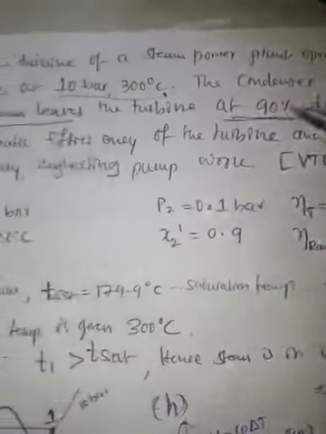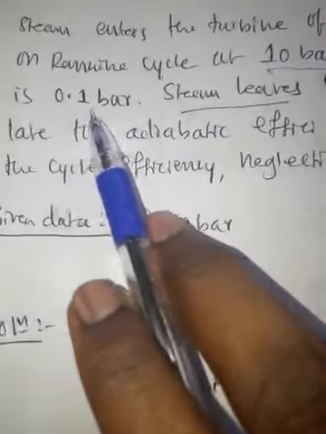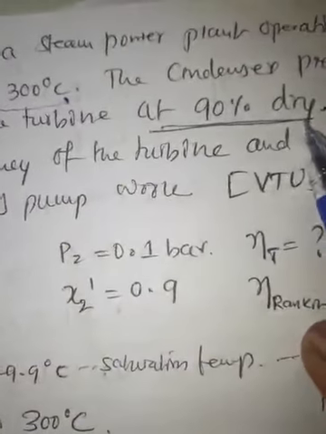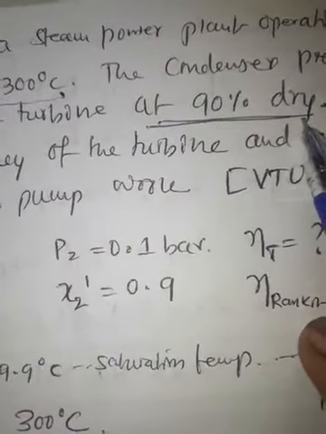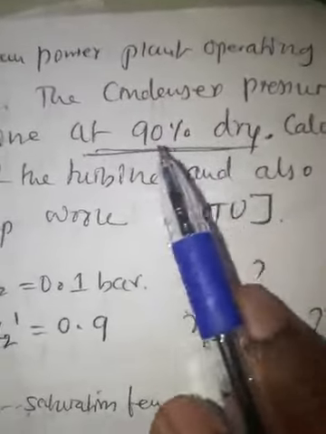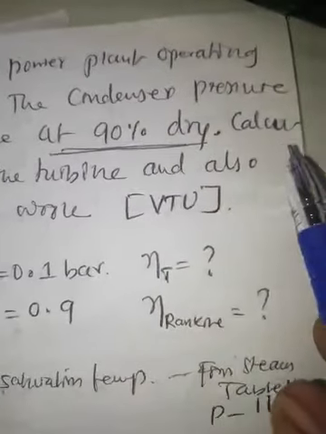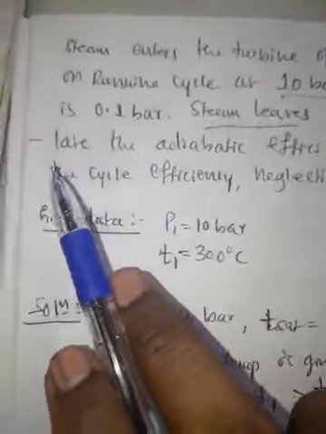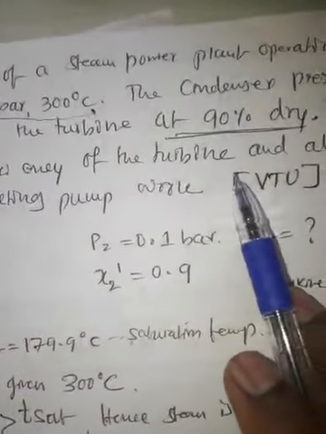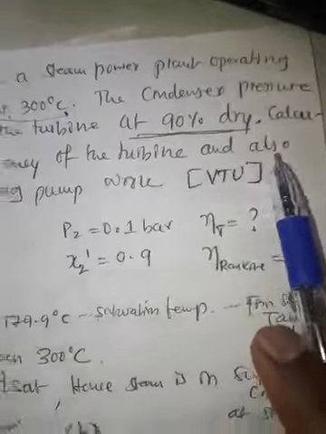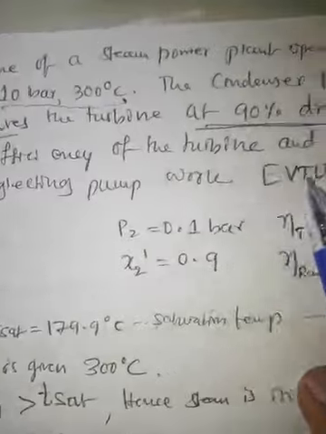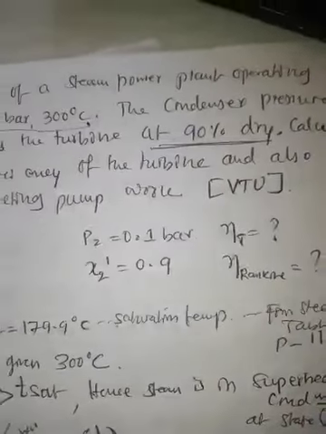The condenser pressure is 0.1 bar. Steam leaves the turbine at 90% dry. Means the actual condition of the steam coming out of the turbine has a dryness fraction of 0.9, that is 90% dry. Calculate the adiabatic efficiency of the turbine, eta T, and also the cycle efficiency neglecting the pump work. It is a problem from a VTU question paper.